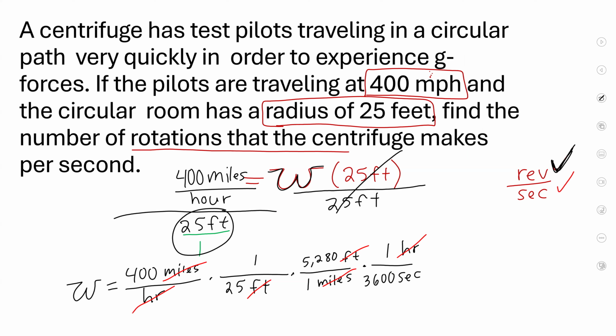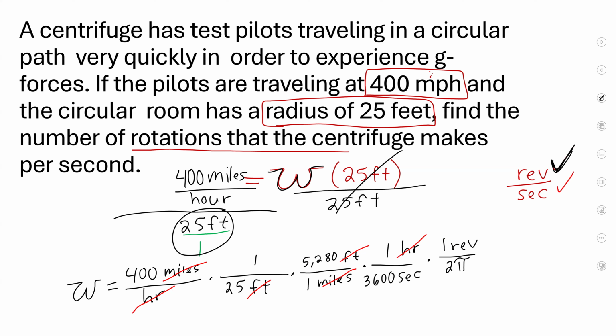Am I done? Did I get to my units? Is there revs anywhere in the numerator? No, I don't have revs yet, so we need to add a rev. So I'm going to multiply by 1 rev. And how much is 1 rev? 2 pi. Do not put 360 degrees because we don't want degrees. So put 2 pi. Perfect.